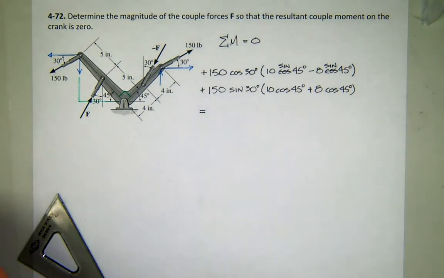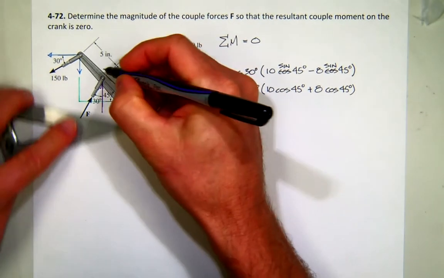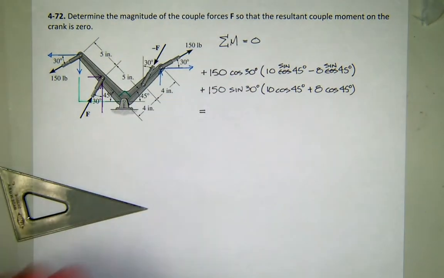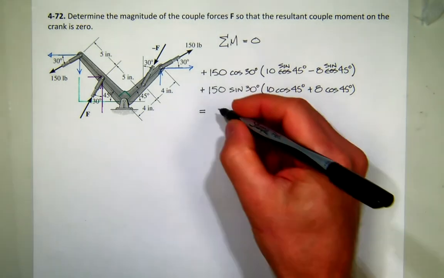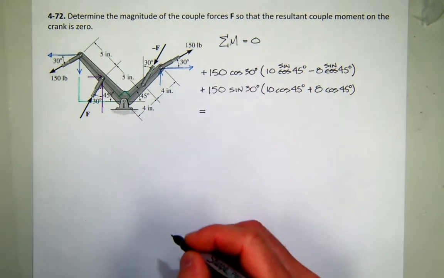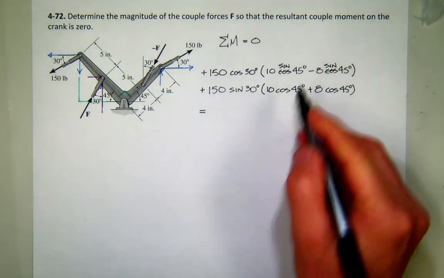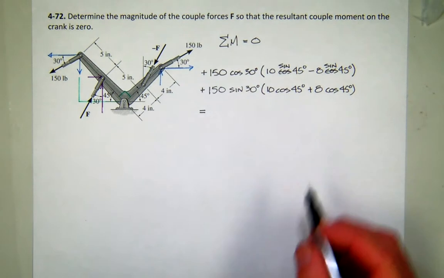Now what do we have to do? The next step is to repeat the process, except we have two components in F. Can you multiply all that out?